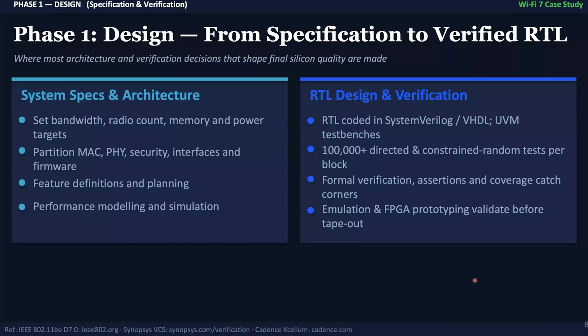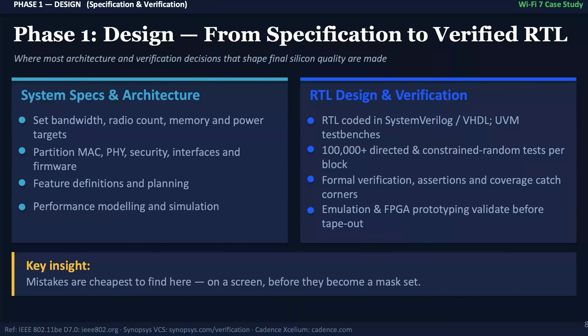One important aspect is that these functions can overlap in time, and this is an iterative process. So the key message of this phase is simple: mistakes are cheapest to find on a screen, before they become expensive silicon problems.